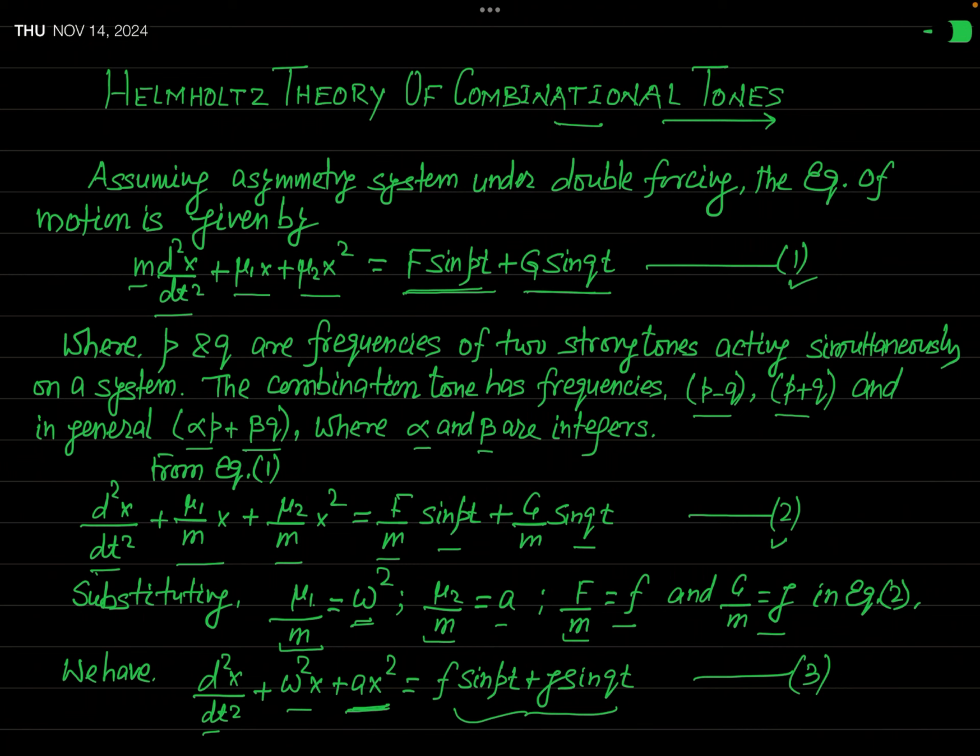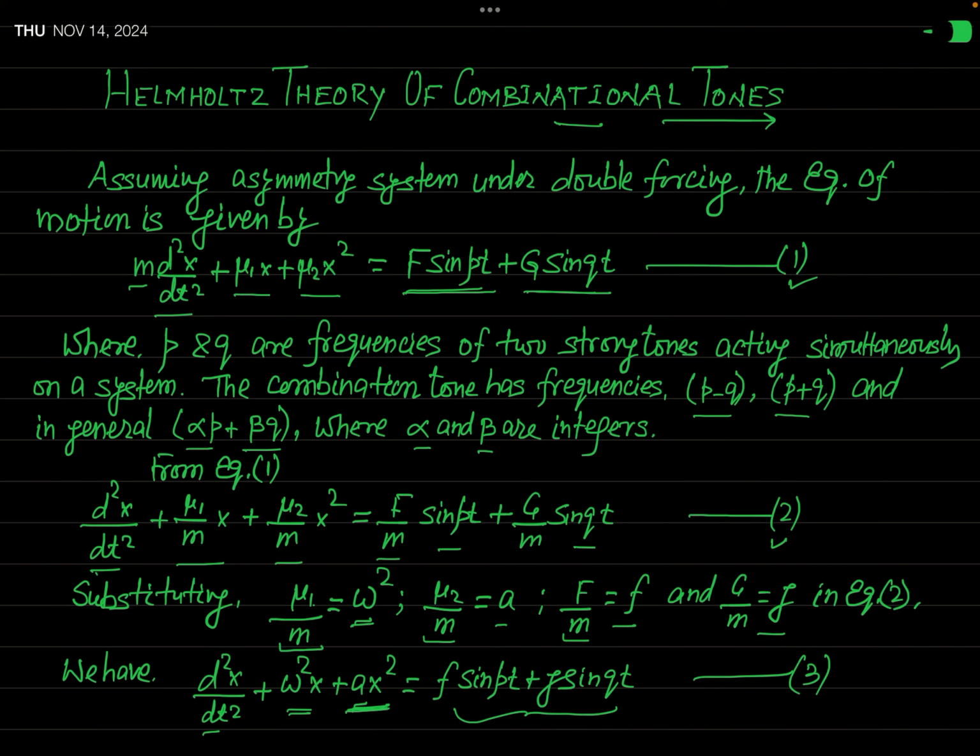In other words, this constant a is negligibly small, so this term a x square may be neglected. And if you neglect this term, then in the LHS there will be only two terms, d2x by dt square plus omega square x, and that will be equal to f sine pt plus g sine qt.